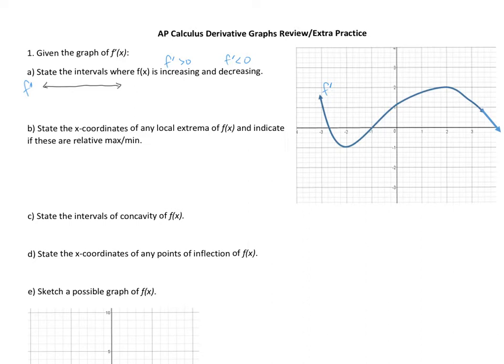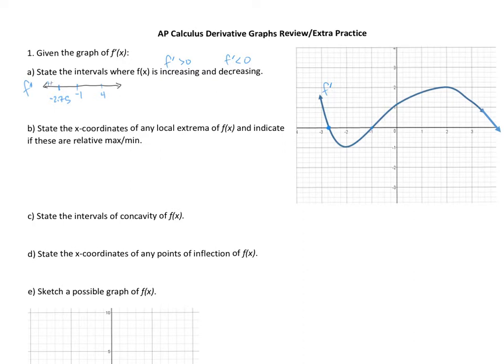So let's find out when it's 0. It's 0 at this point right here, and we're going to say that's about negative 2.75. It's 0 right here at negative 1, and it's 0 again at 4. And so let's go ahead and look at the intervals here. In this section right here, it's above the axis, so I'm going to label this as positive.